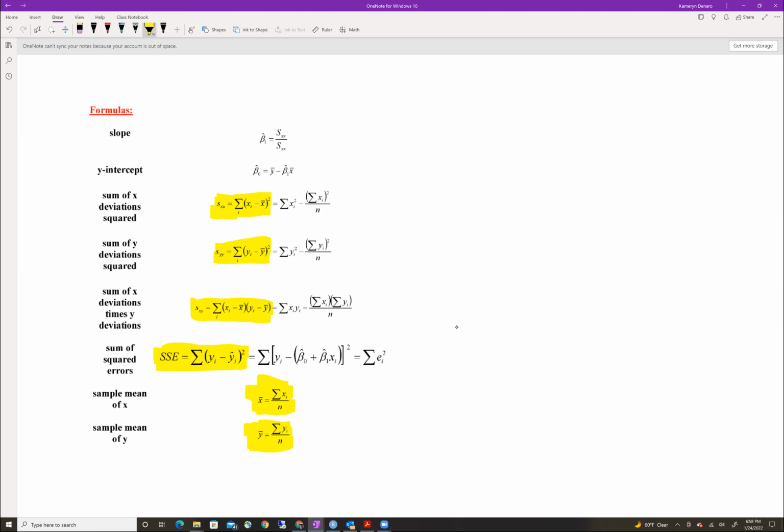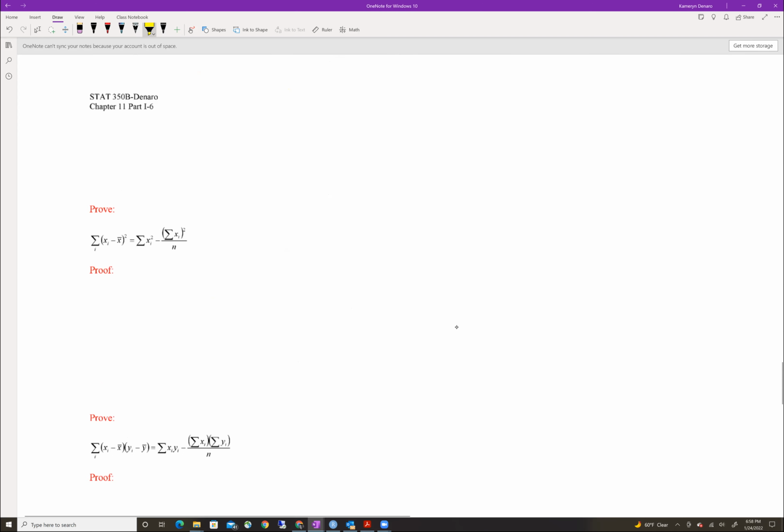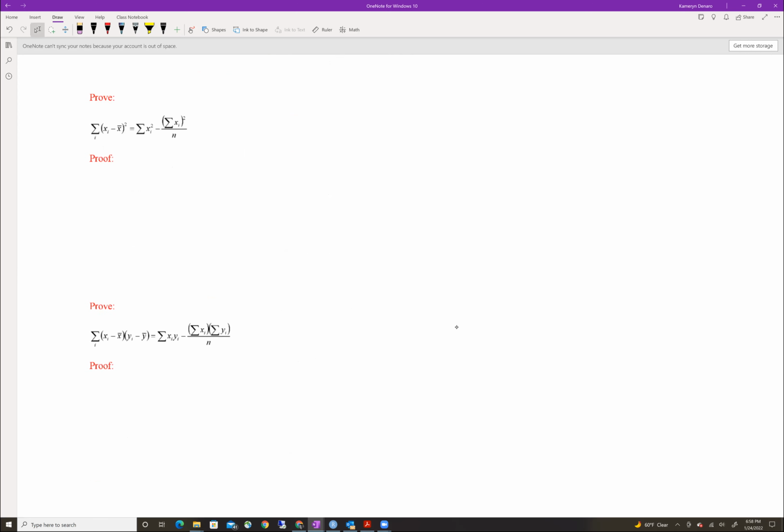Even though these seem complicated, you can just plug this in R or on your calculator or in any other programming language you like. I'm going to encourage you to use a programming language because it's really just a giant calculator and it can make things much, much faster. In the next video, we're going to be doing some proofs and I will see you then.